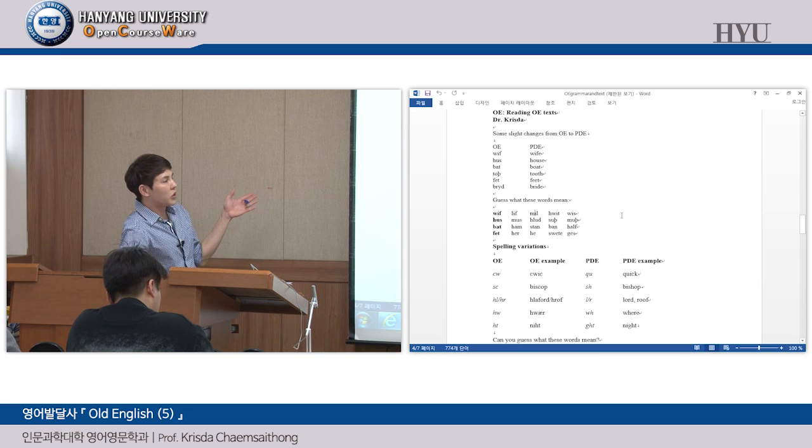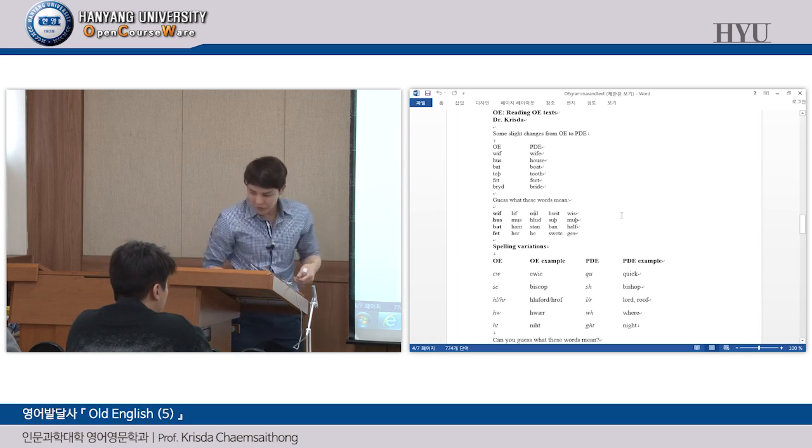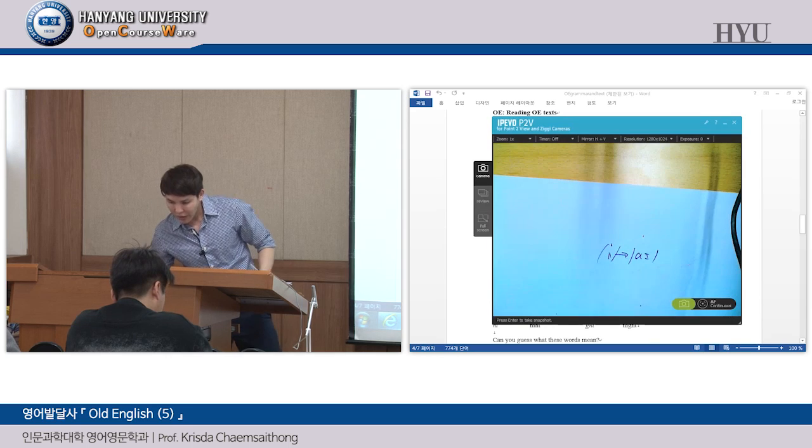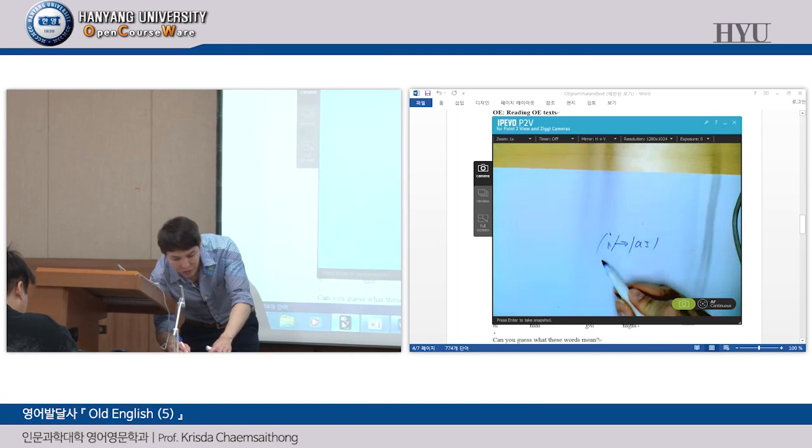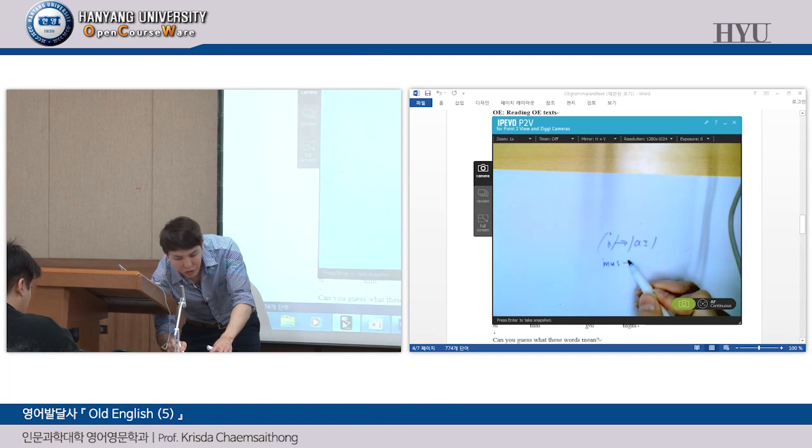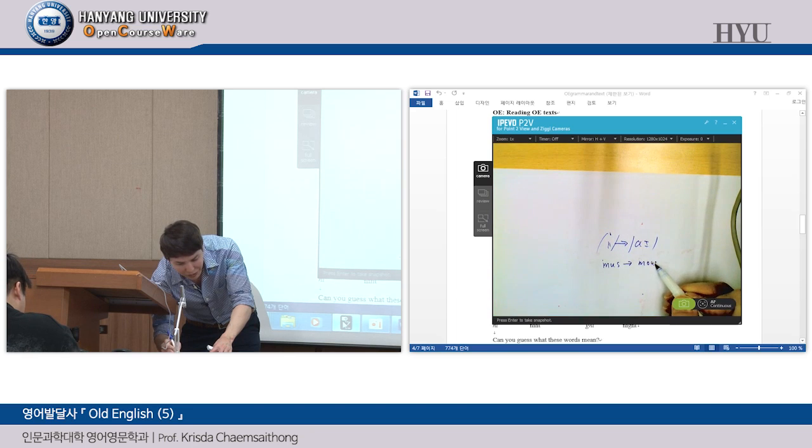Second one, hus goes to house, right? So oo goes to ow, right? Now, mus then goes to mouse. Hlud, lud goes to loud. Oo goes to ow, right? Hlud goes to loud. H is usually dropped. So if mus goes to mouse, oo goes to ow, right?